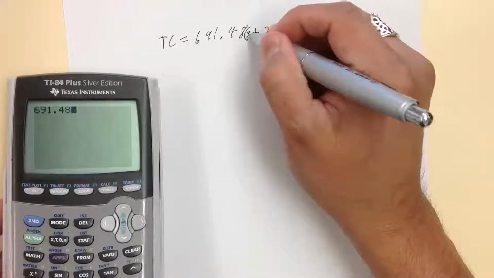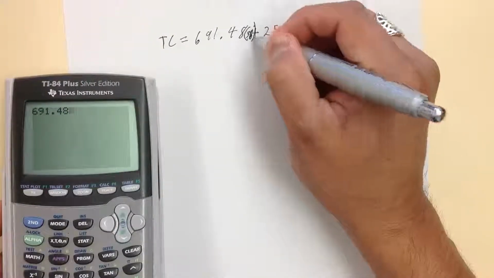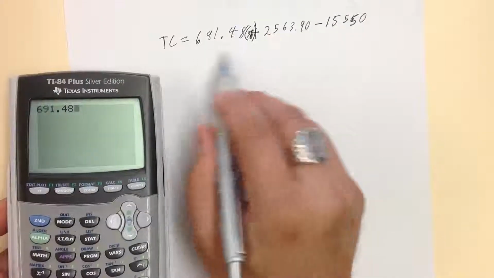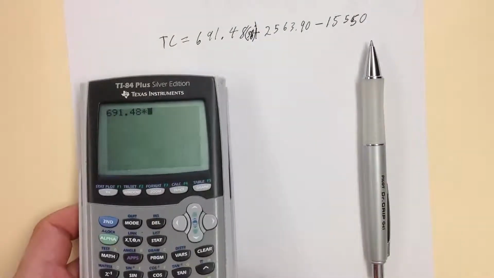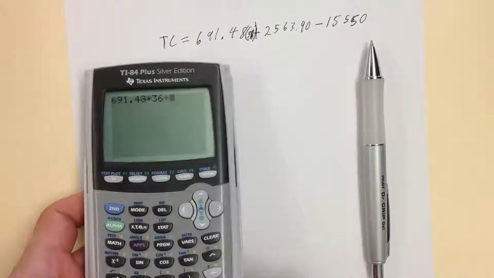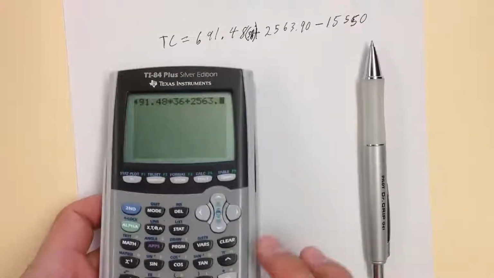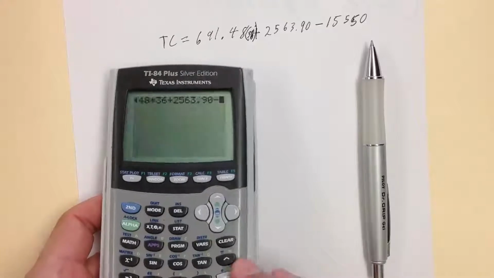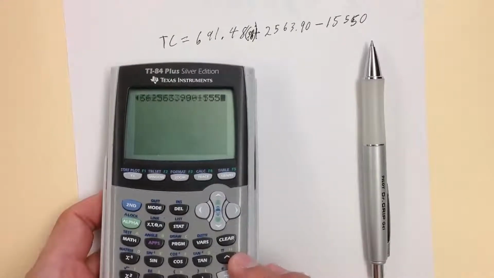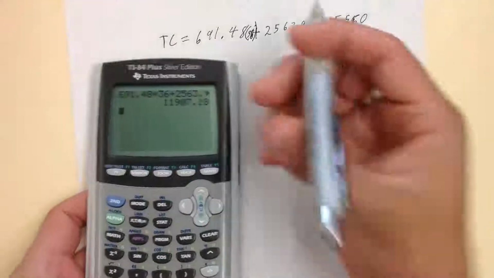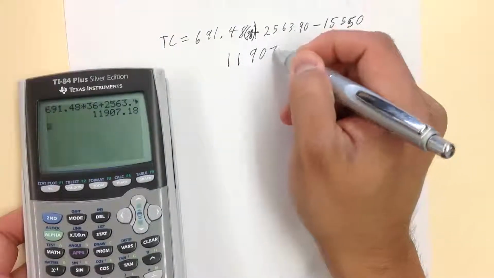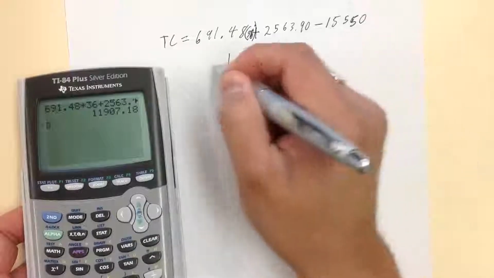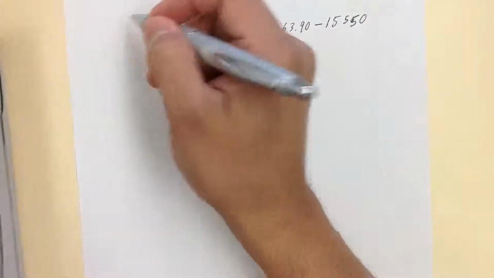I need to multiply the payment by 36 because that is the number of payments. Can't believe I almost forgot that. Why don't you guys remind me of that? So it's 691.48 times 36, plus 2563.90, minus 15,550. So the cost of us buying this car is $11,907.18.